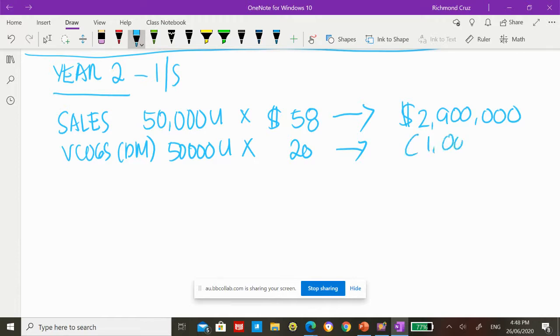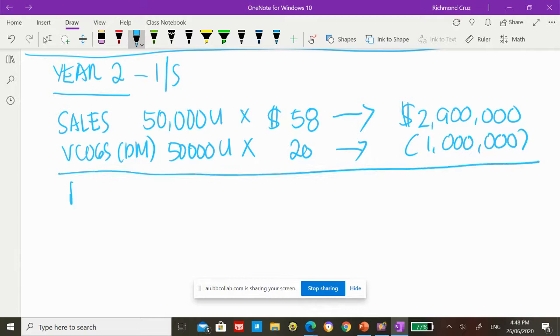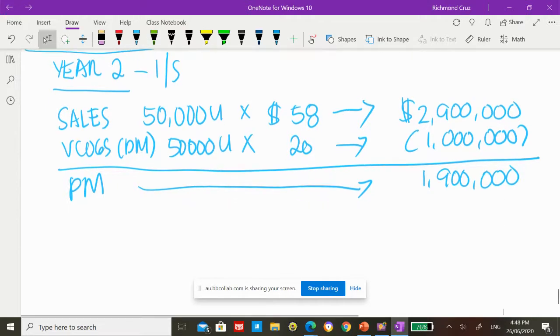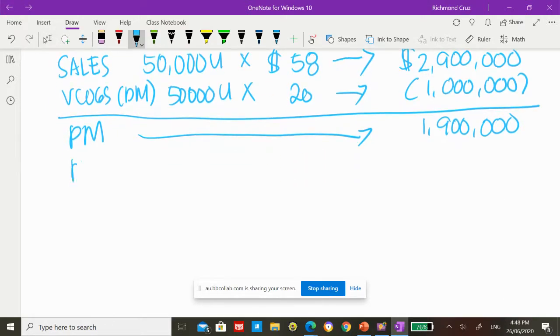So minus 1 million. And this is our product margin, which is 1,900,000. Then we need to deduct the direct labor costs. Just like in year one, this is based on the units produced. So 75,000 units multiplied by the direct labor cost, and that is 12.